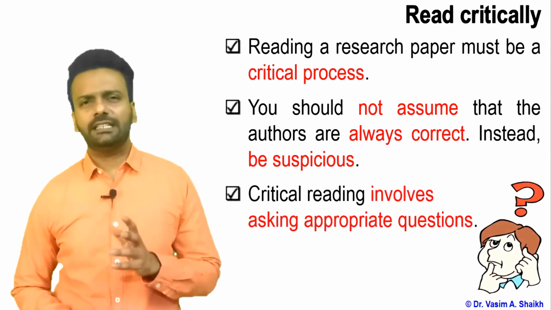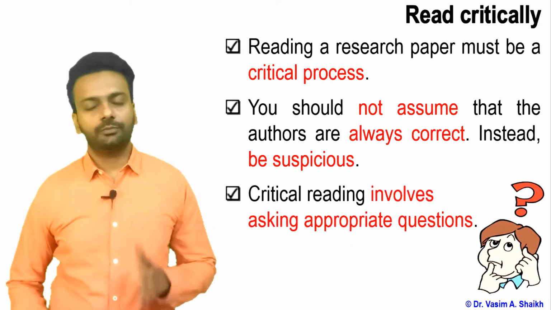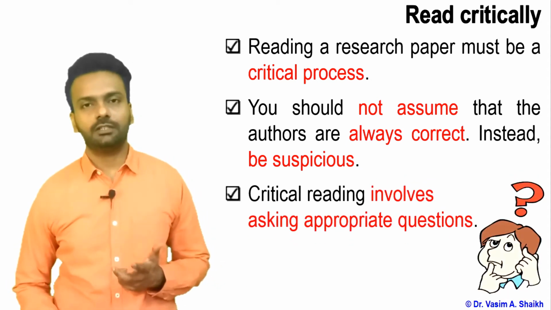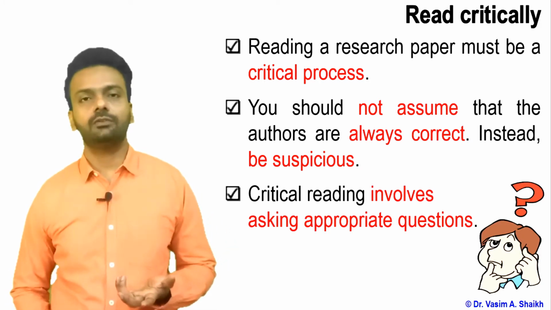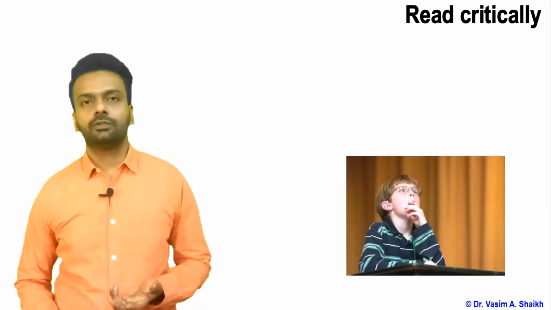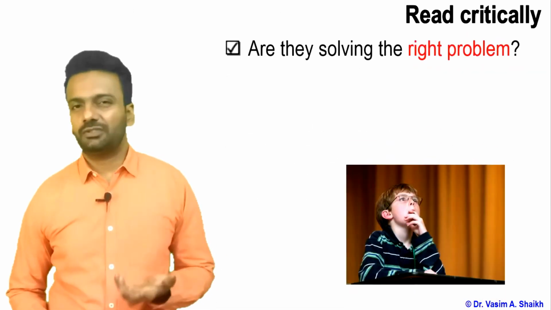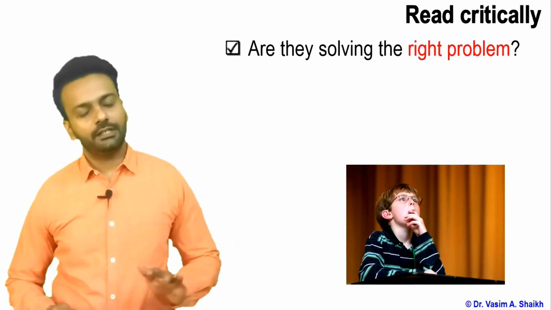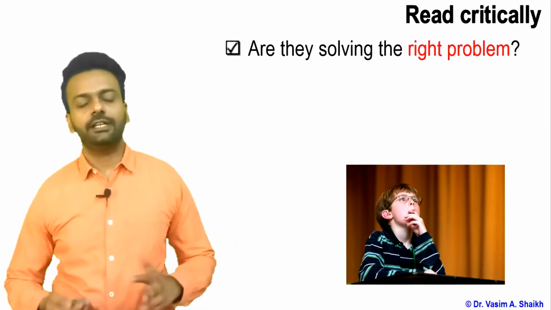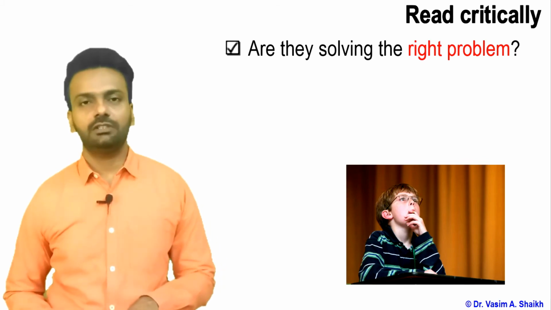Also, critical reading involves asking appropriate questions. So we need to ask certain questions to ourselves while we are reading the paper. Now, what are these questions? You need to ask whether they are solving the right problem, because sometimes the problem is already taken care of, but still people are solving the same problem.